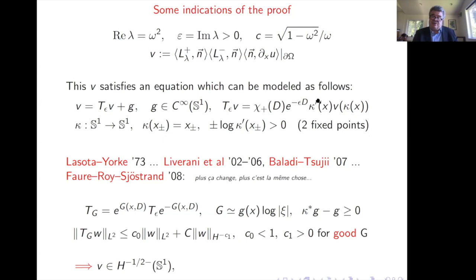For this, the structure of the prefactor in this FIO is important, and V is smooth away from the attractive fixed point, and much more. So this Lagrangian property, in this case, it's conormal. It's in one dimension, so it's quite simple.